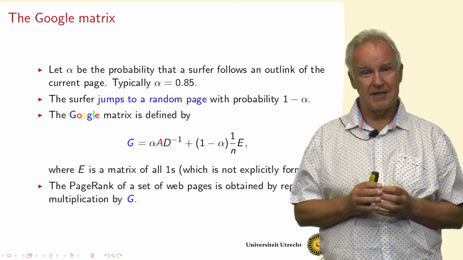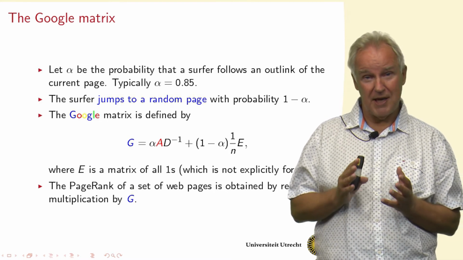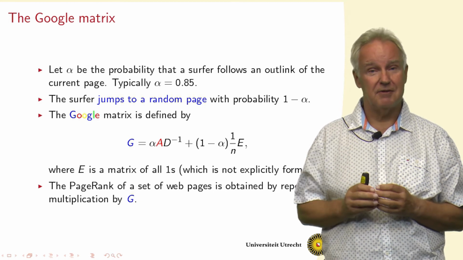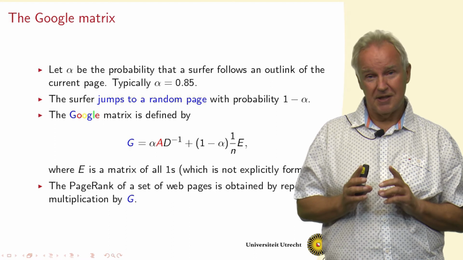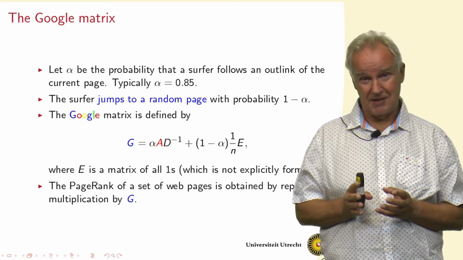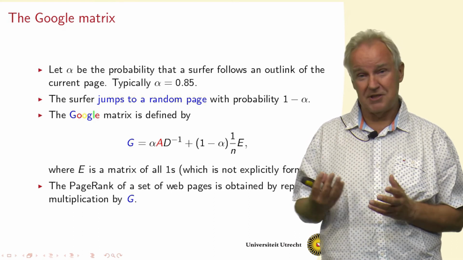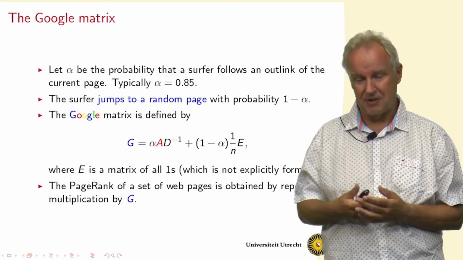The page rank of a page is determined by multiplying this G matrix repeatedly with a vector. Just to make sure, the first term is a sparse matrix, the second one is actually a dense matrix, but it's never stored because it's a very simple matrix, all ones.